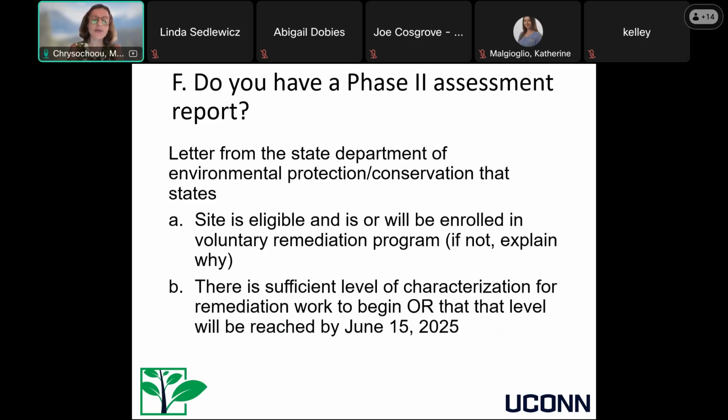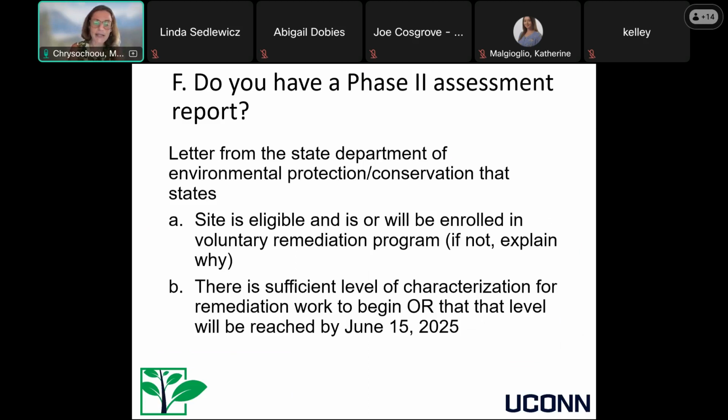The first one is related to site enrollment in the voluntary remediation program of your state. So either the state will say that your site is eligible and is currently or will be enrolled in a voluntary remediation program, or if it is not eligible, the letter must explain why that is.